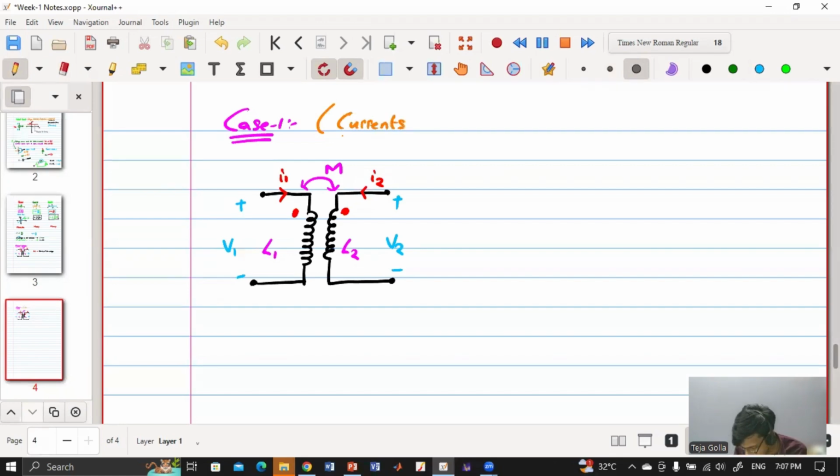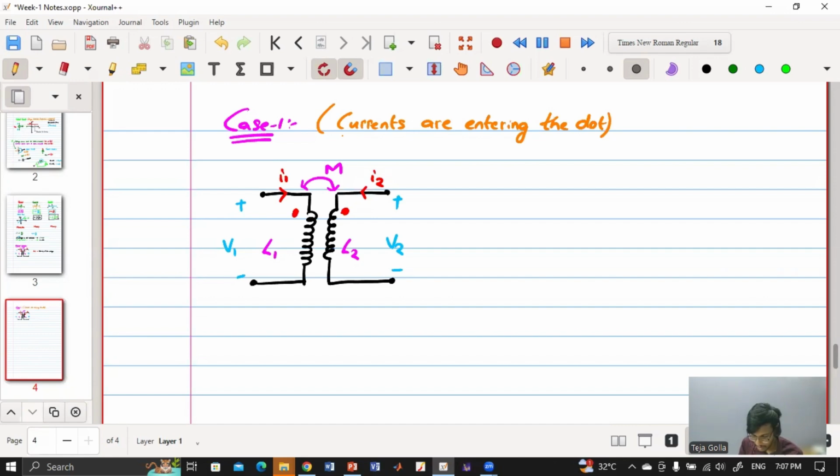Then the voltage induced in coil 1 because of the current in coil 2 will have the same polarity as the voltage induced by I1.